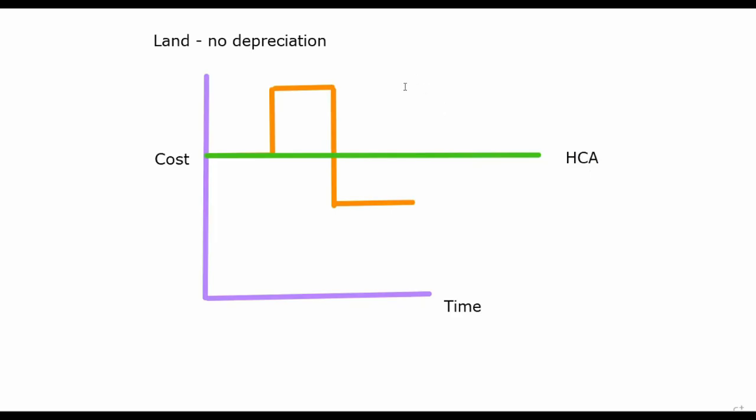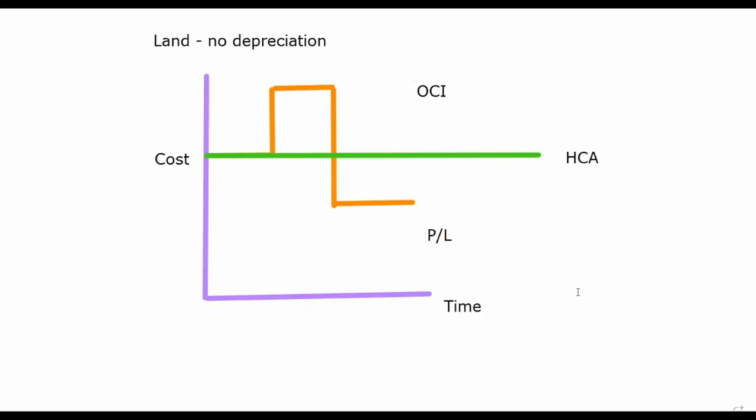Everything above the line here will be our OCI. If we go back to the description in the slide, it said an increase in value would be in OCI. The bottom part here goes through profit or loss.